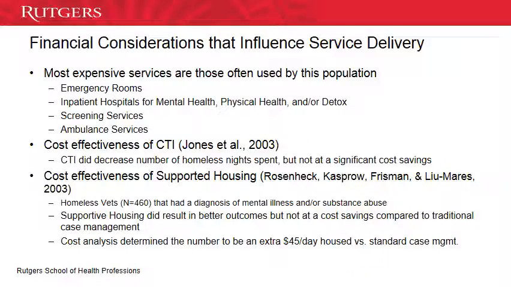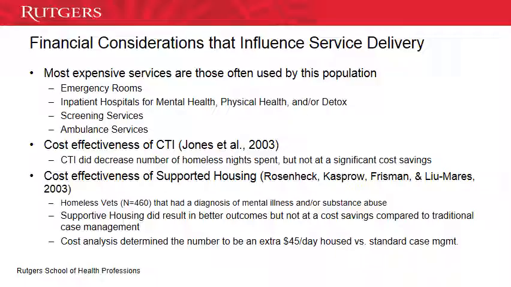Places like emergency rooms, inpatient hospitals, also prisons, which is unfortunately a de facto involuntary patient place for many individuals that get picked up on the streets. In addition, screening services and emergency ambulance services are all extremely costly and really weigh on the budgets of different states providing services to needy individuals.